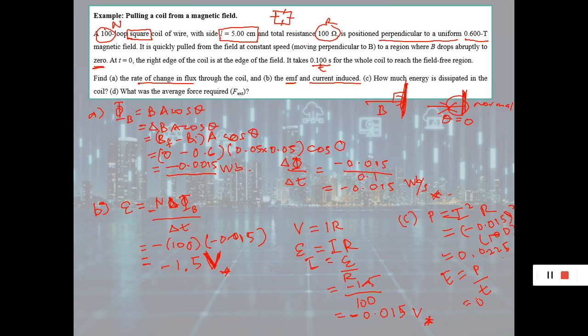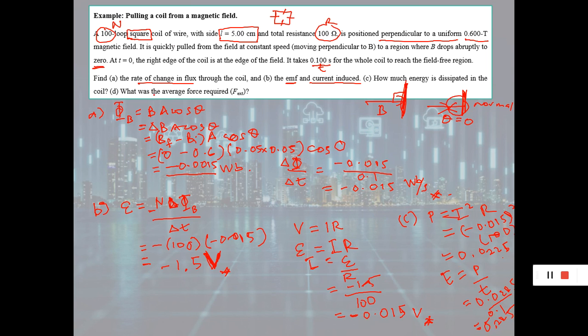So you use 0.0225 times the time, which is 0.1. So for energy you will get 0.00225 joule.